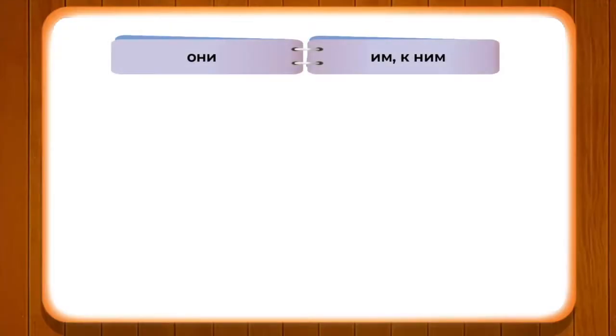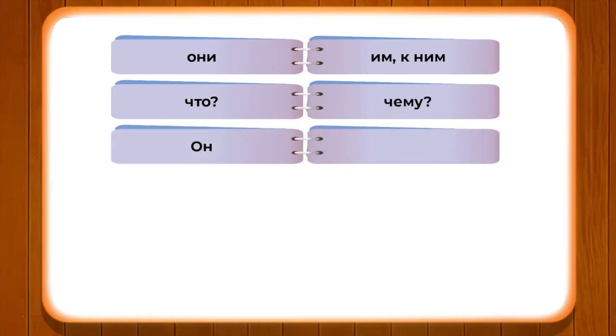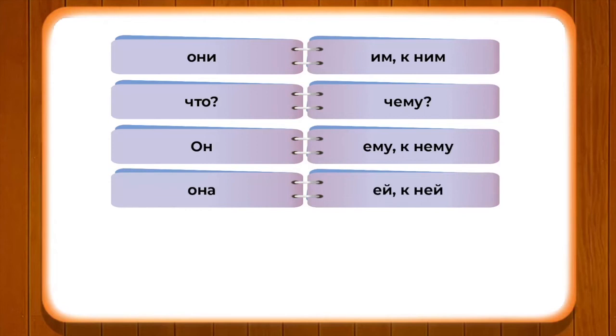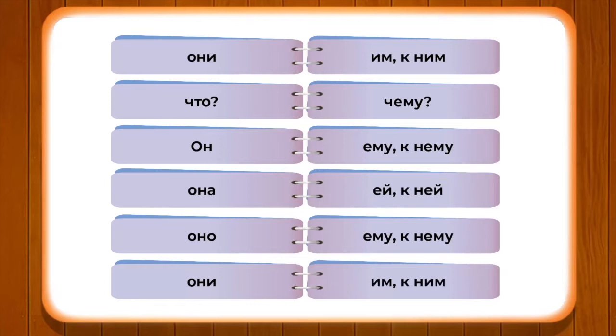Likewise, in the dative, if anything is inanimate, the question is chimu. So, on changes into yamu, kanimu, ana into ye, kanye, ano into kanimu, imu, kanimu, and ani into im, kanim. Likewise, you can change depending upon the context, and in the dative case you can use these personal pronouns.